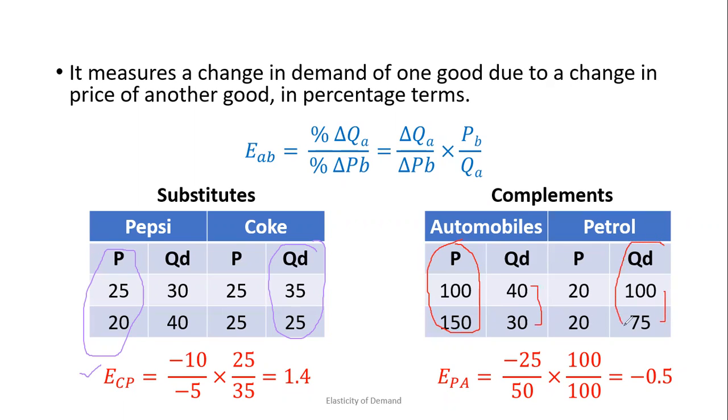If we measure the change in sale of petrol because of the change in price of automobiles, this is the case of cross elasticity of demand. The measurement can be seen in the example. Here, an important point to note is that cross elasticity of demand is positive for substitutes and it is negative for complements.